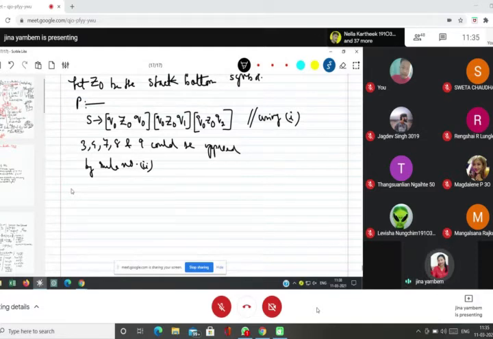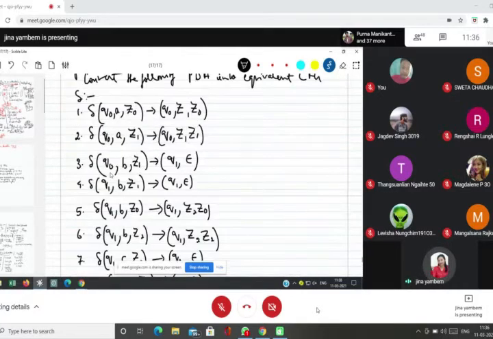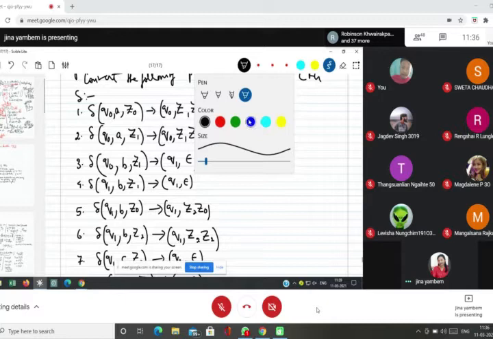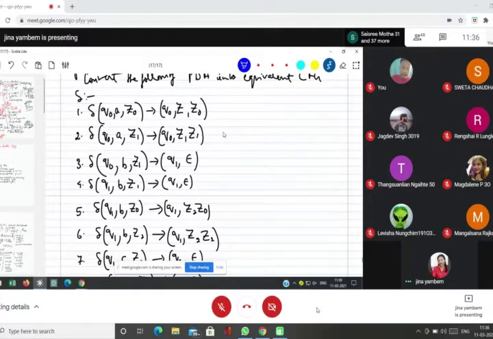Now transition function number 3. Let me rewrite transition function number 3 here: Q naught, B, Z1 goes to Q1, epsilon.